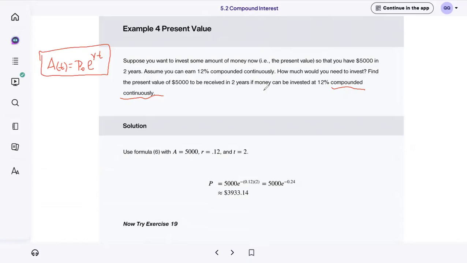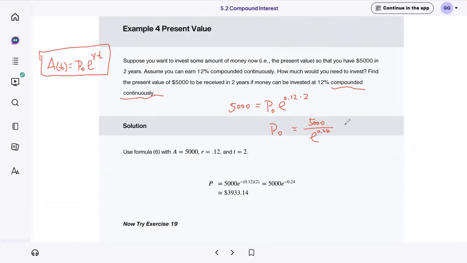So we want to have $5,000 in the future, and we want to find out how much money we need to invest right now. The interest rate is 12%, which is 0.12, and for 2 years, which is 2. So P naught equals 5,000 divided by e raised to 0.24.